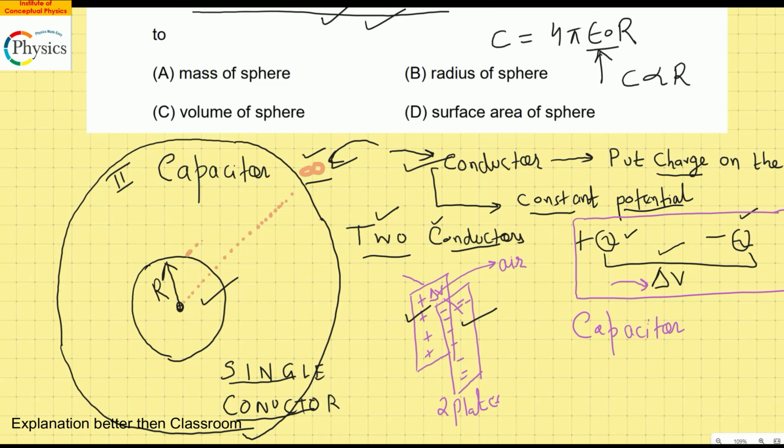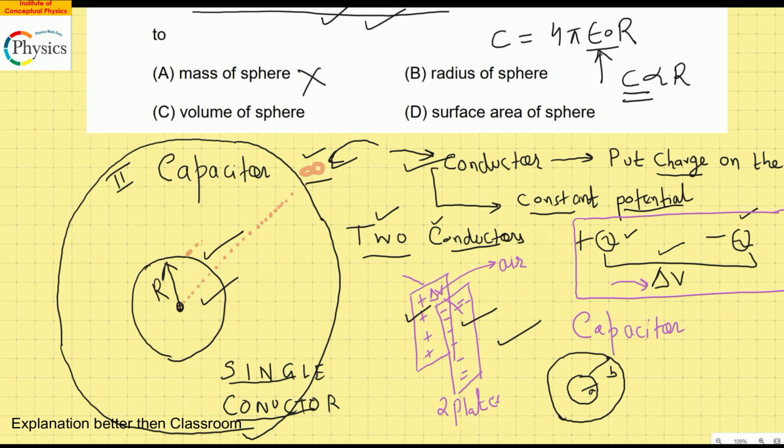So remember, the capacitance of anything, be it a cylinder, a parallel plate capacitor like this, a single spherical shell, or a situation like this, where you have two concentric shells of radius A and B, is always independent of the mass of the sphere.